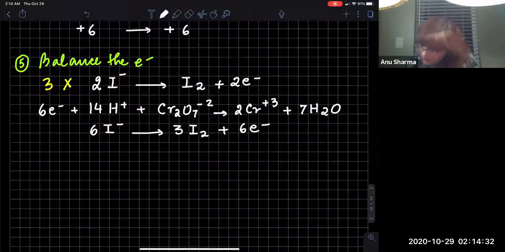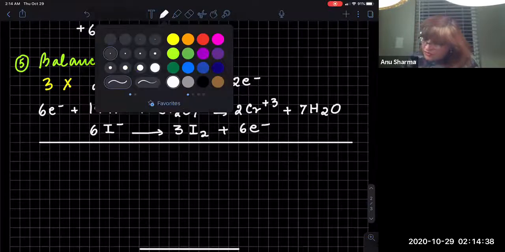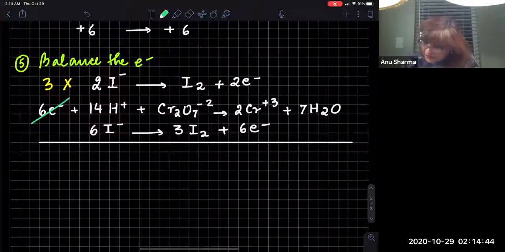Next, you're going to cancel out the electrons. So 6 electrons and 6 electrons cancel out.